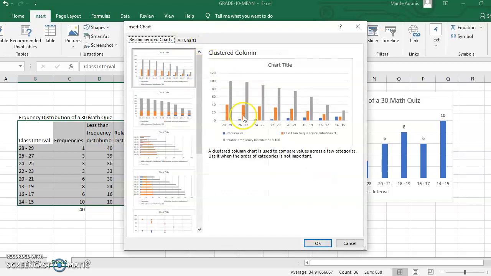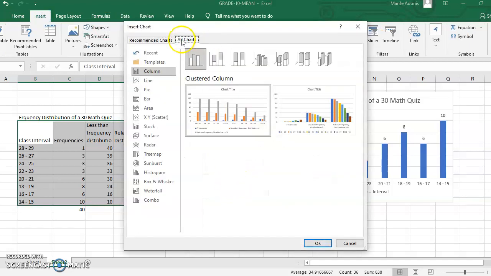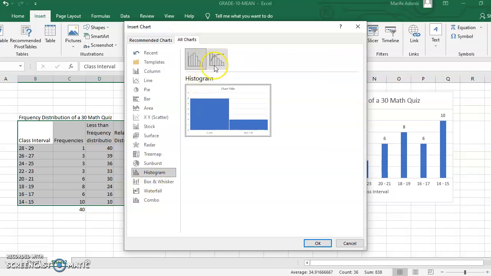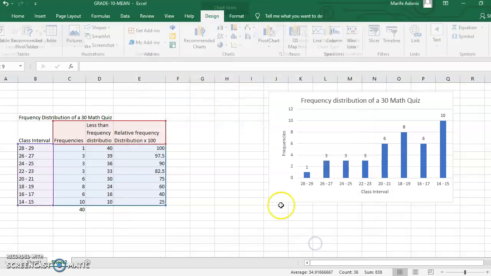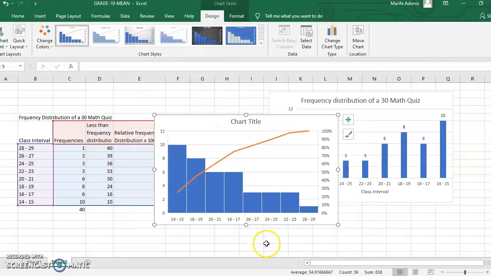Then, here, balik ulit tayo, and then, go to all charts, and then make a histogram. Ito ba? Okay, so, pag ito ginamit natin, look at the given.